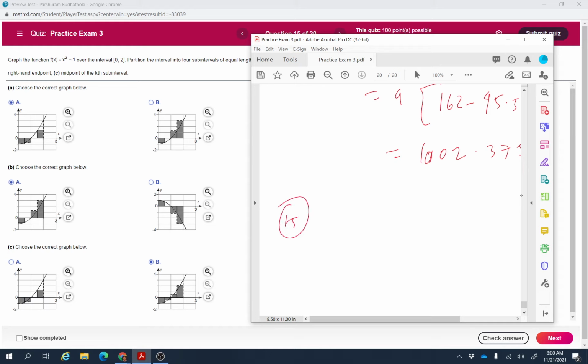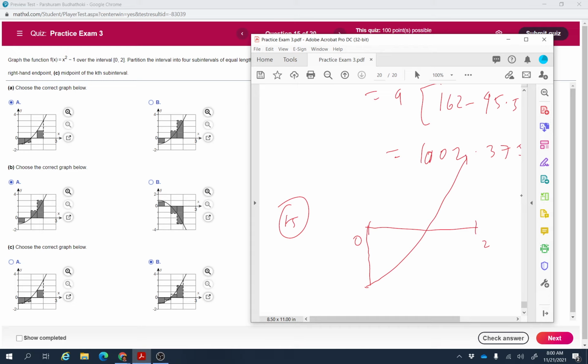So x squared minus 1 is from 0 to 2. At 0 the value is -1, and at 2 the value is +3.